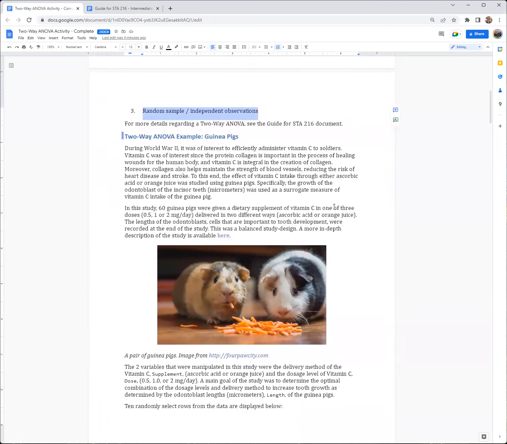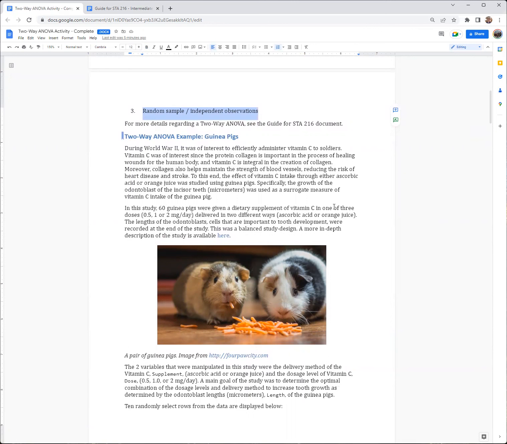Okay. So looking at a real data example on guinea pigs. This was a study that was conducted during World War II, in that it was of interest to administer vitamin C to soldiers out in the field. This was important to do because the body produces a protein called collagen.